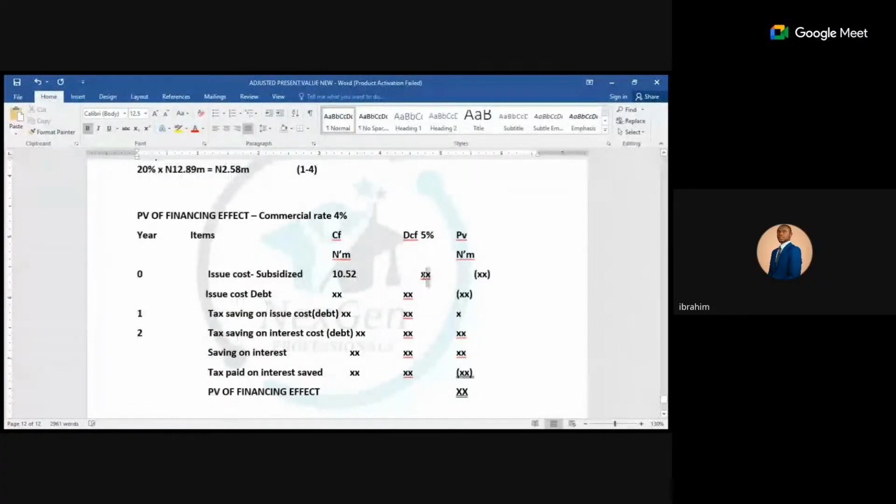So we'll be at year 1, so we can have 10.52. What is the issue cost on the commercial? 7.01.